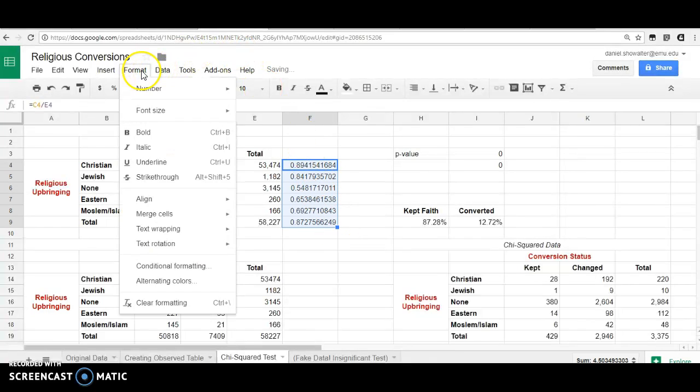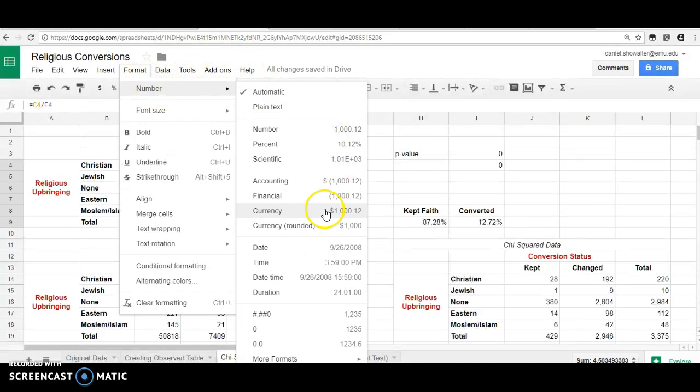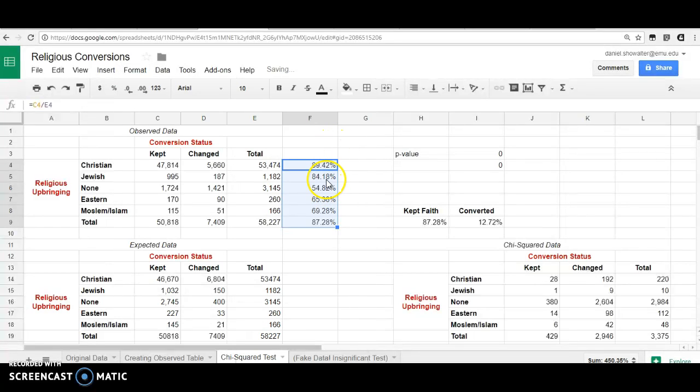I'm going to just change this to percent. So you can see that just a little over half of these people without a religion did keep their faith. Almost half converted to another one.